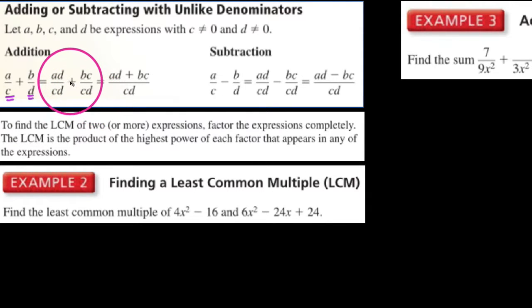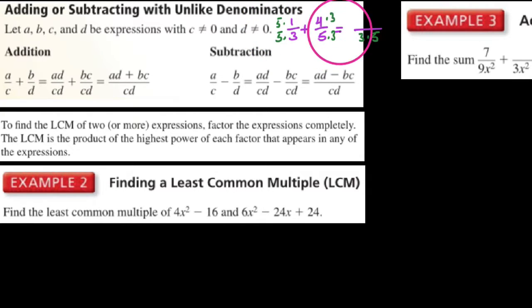And the reason why is because, if we had something like 1/3 plus 4/5, then our common denominator quite simply would just be the product of 3 times 5, because if we were to take everything over here times 5, and everything over here times 3, then we would guarantee to have a common denominator that would be the product of these two things.